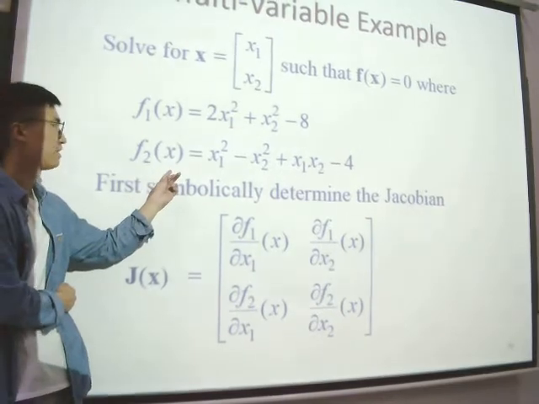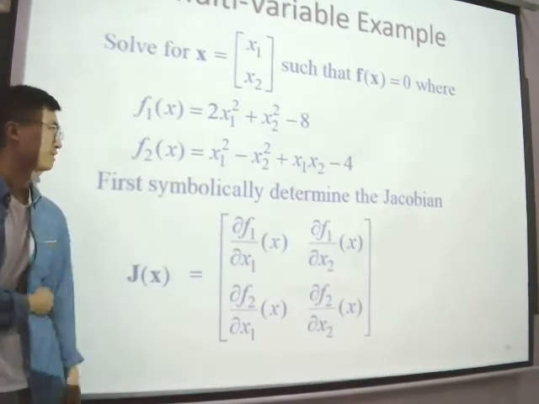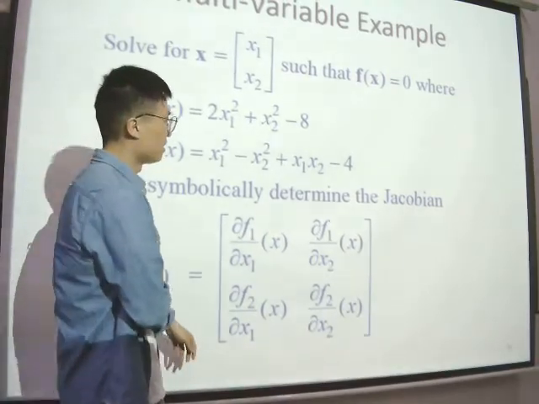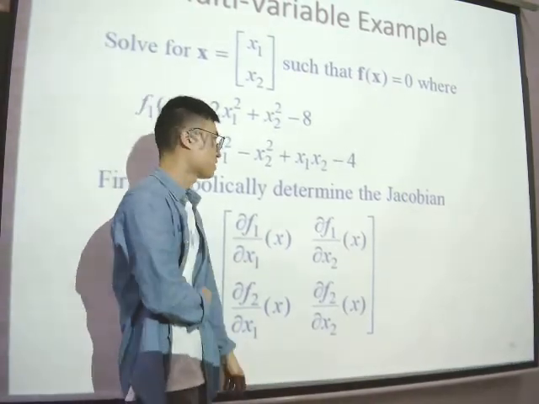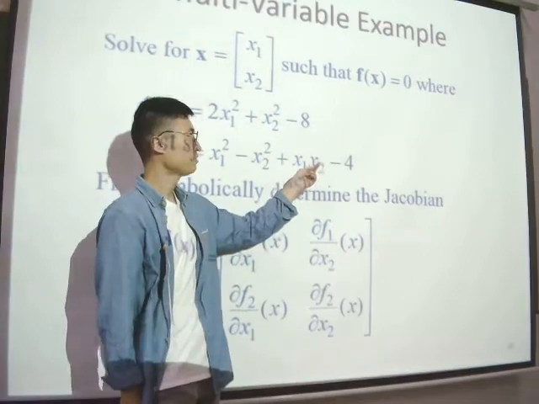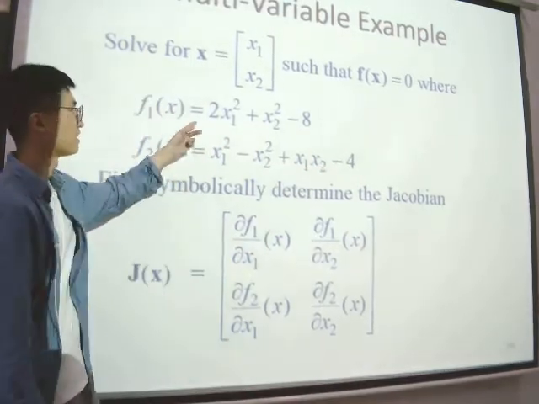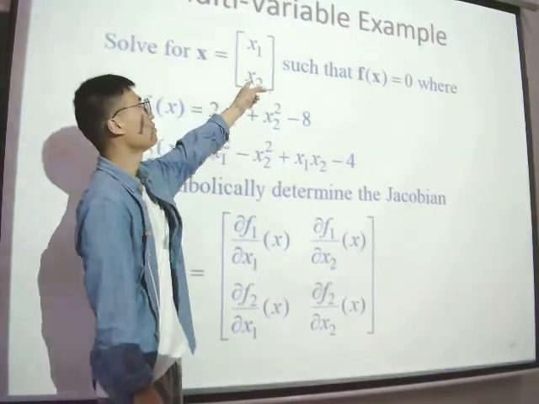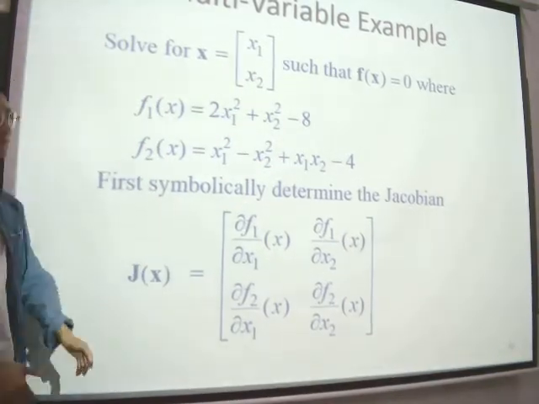The second function is the square of x1 minus the square of x2, plus the product of x1 and x2, minus 4. Two functions in f(x), two inputs in x.